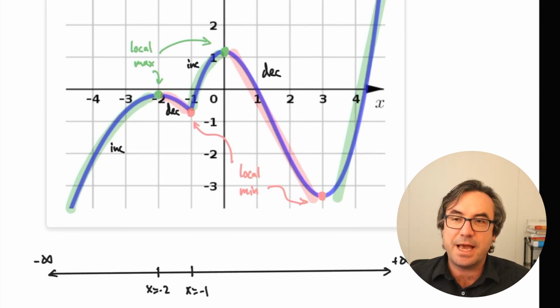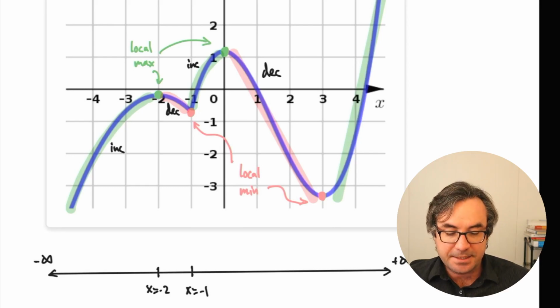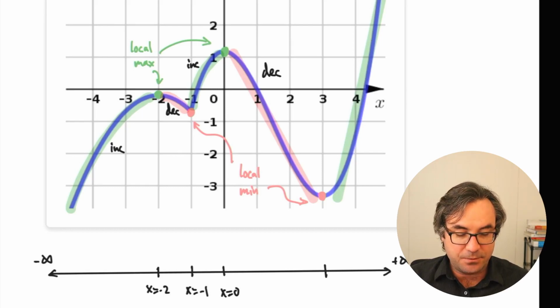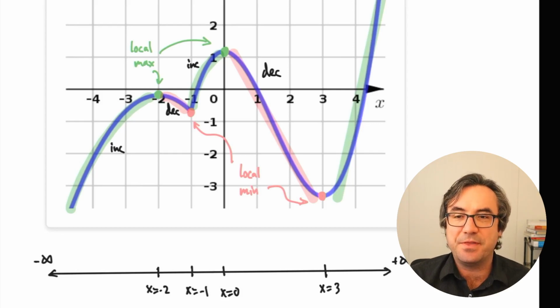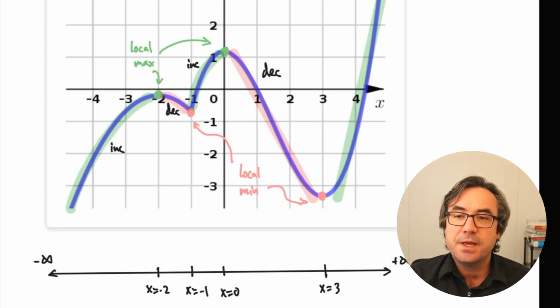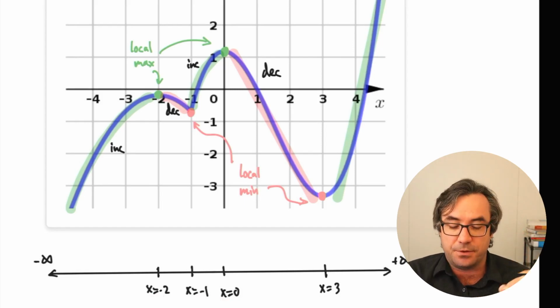Something special happened there. X equals 0. Again, something special. And then x equals 3. Something special happened there. What these x values do is essentially slice our x-axis up into intervals.